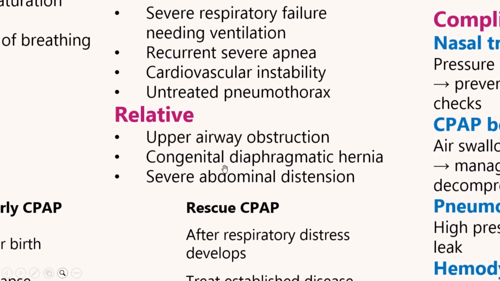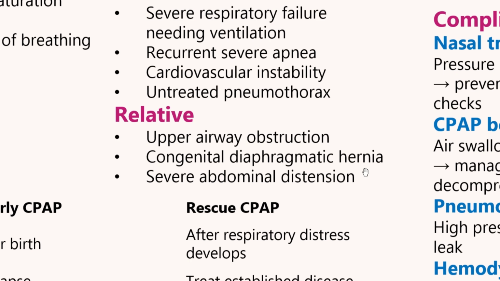So we have the relative contraindications, things like upper airway obstruction. Sometimes maybe you are putting the nasal prongs on, but the upper airway is obstructed. So there's nothing there that you can do. Either you intubate them or you go for a tracheostomy. Congenital diaphragmatic hernia. This is because as you give this CPAP, sometimes you may push the air.